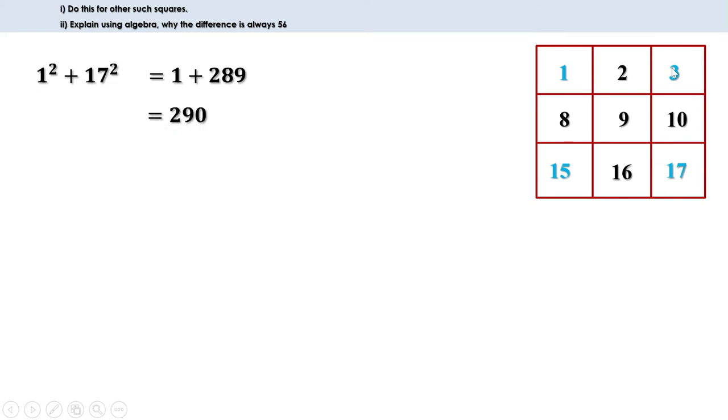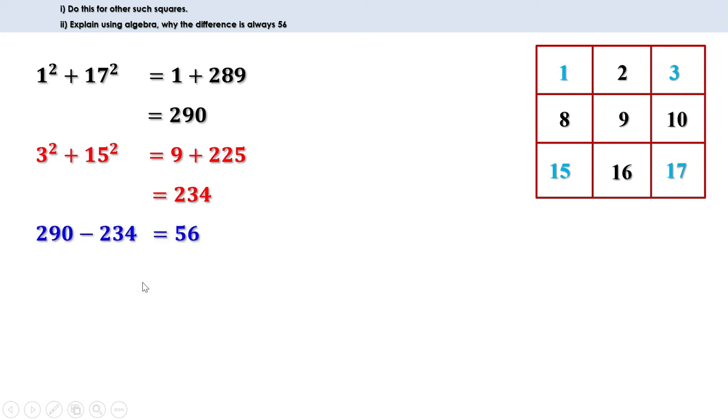Now let us take the other diagonal pair, that is 3 square plus 15 square. 3 square is 9, 15 square is 225. Adding together we get 234. Now let us find the difference between them, that is 290 minus 234, and that is equal to 56.